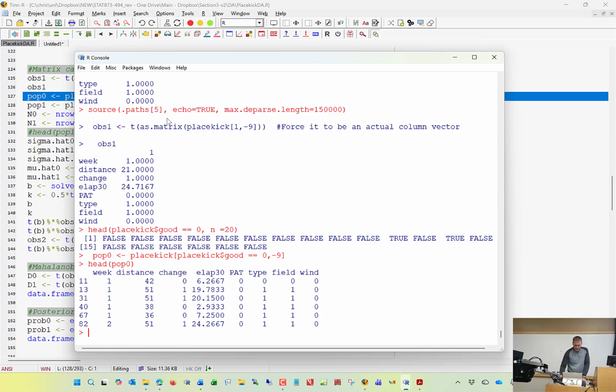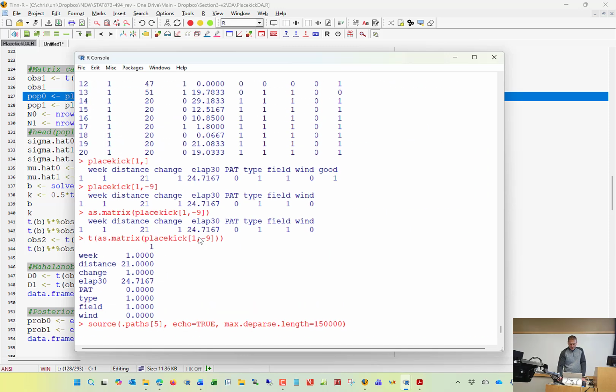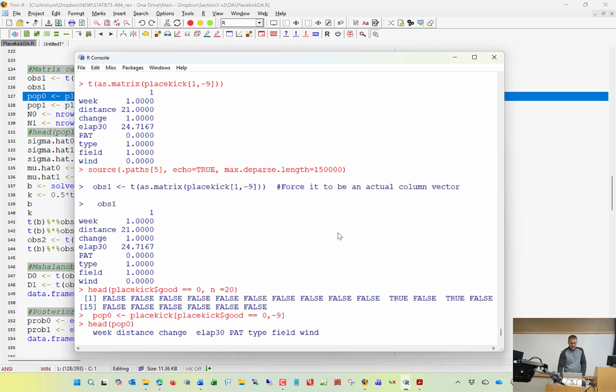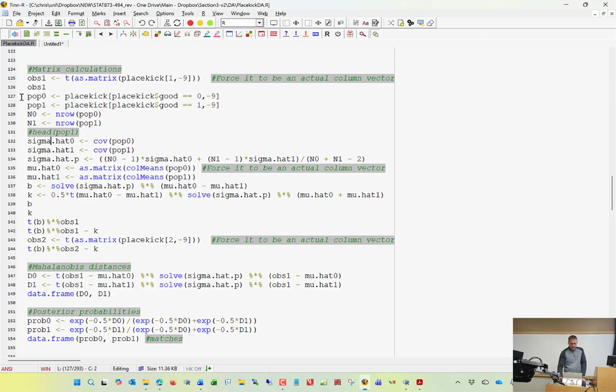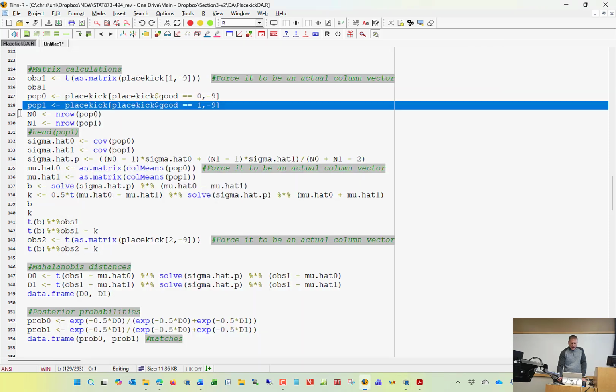Oops. Let me do it one more time just to show you. We do have all the goods that are equal to 0. Notice this distance of 42 yards there. Here's the distance of 42 yards there as well. Okay. I want to rerun that code again because I do not want the good variable in there. I'm going to do exactly the same thing for the good equal ones.